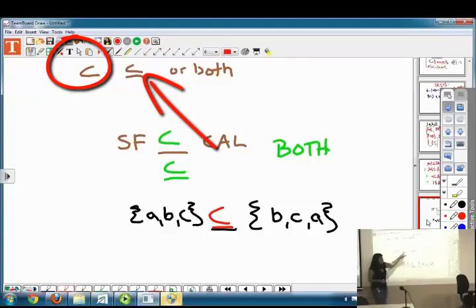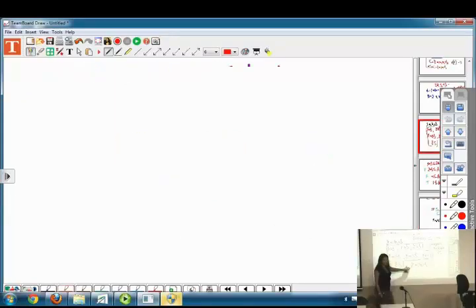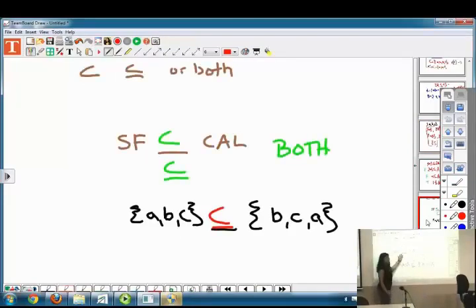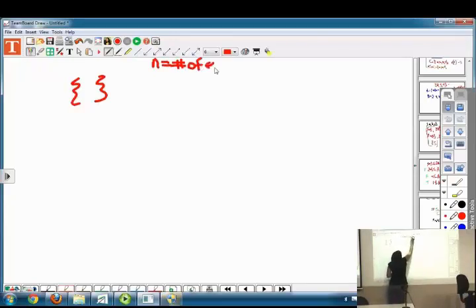So the proper subset notation is going to work for everything except for the set itself. The subset notation is going to work for every subset. So the only time that these are not both, it's when it's equal. Okay, if I have no elements, so I have, let's say, n equals number of elements.